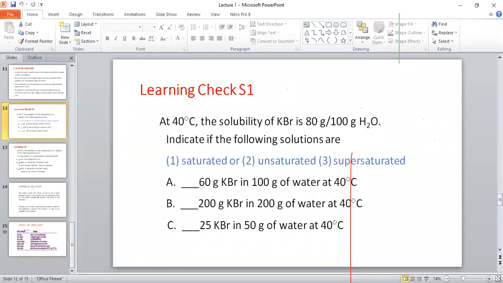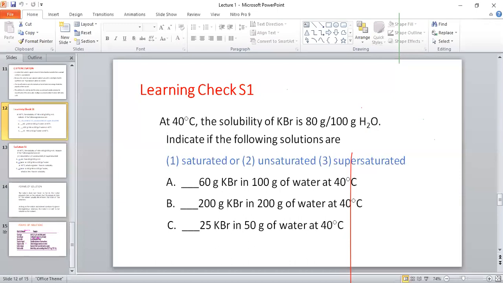Now, based on what I've explained, look at scenarios A, B, and C, and somebody should be able to tell me which of these scenarios is saturated, which one is unsaturated, and which one is supersaturated. Don't forget that the certain amount of solvent here, where the solvent is water, is 100 grams.